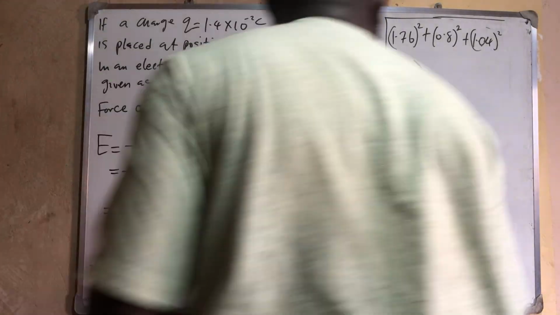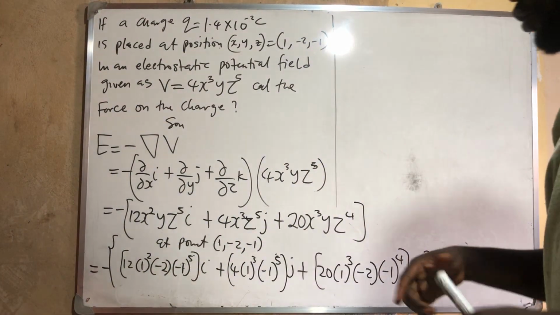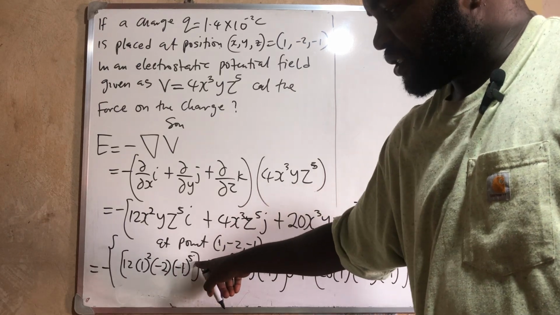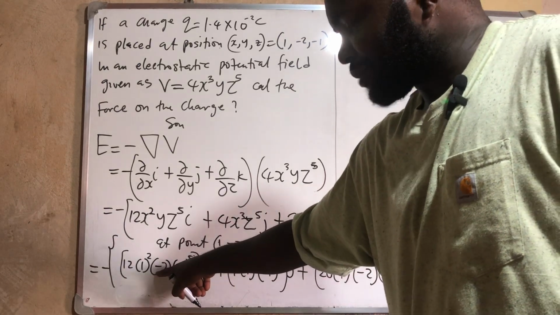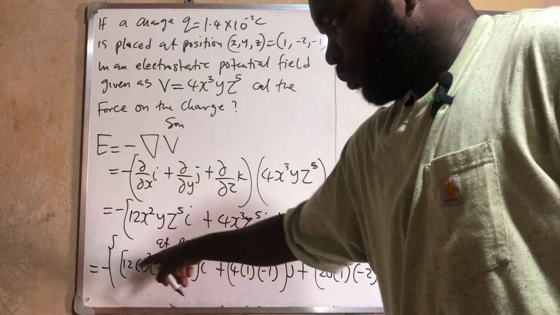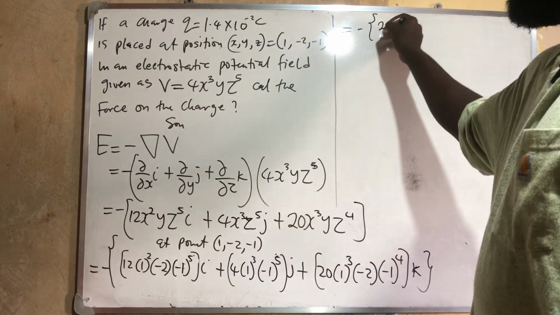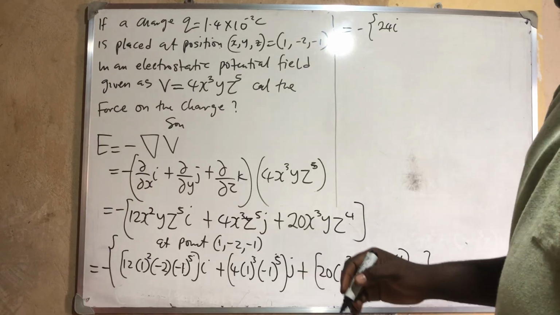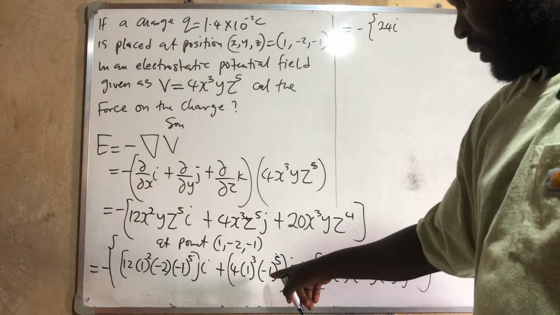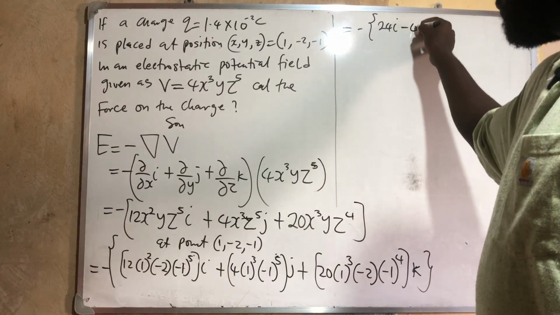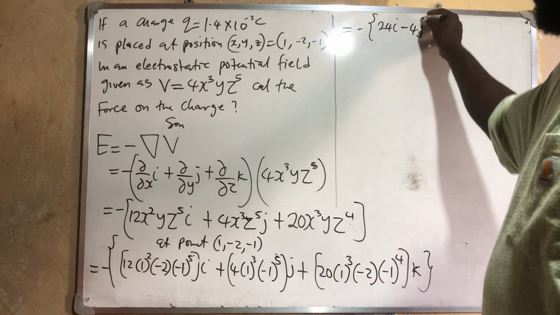Let me continue writing from here. Minus 1 raised to power 5 is still minus 1. Minus 1 times minus 2 is plus 2. Plus 2 times this will give you 24, so I have minus into 24i. Then come to this place: minus raised power, this is minus, minus times this will give you minus 4j.